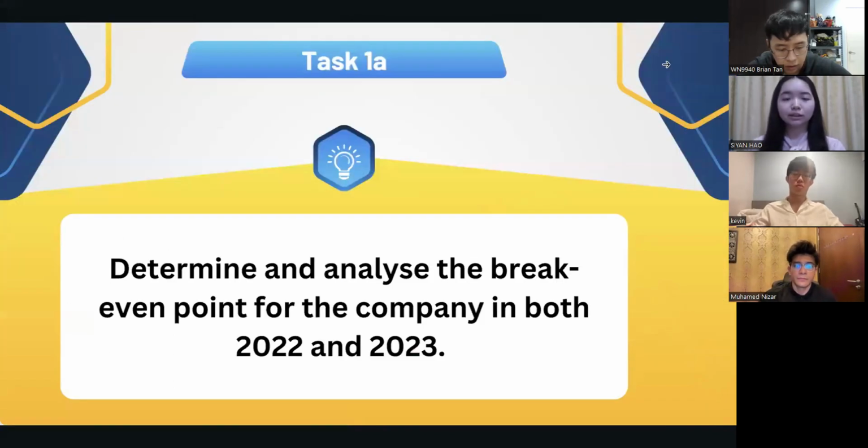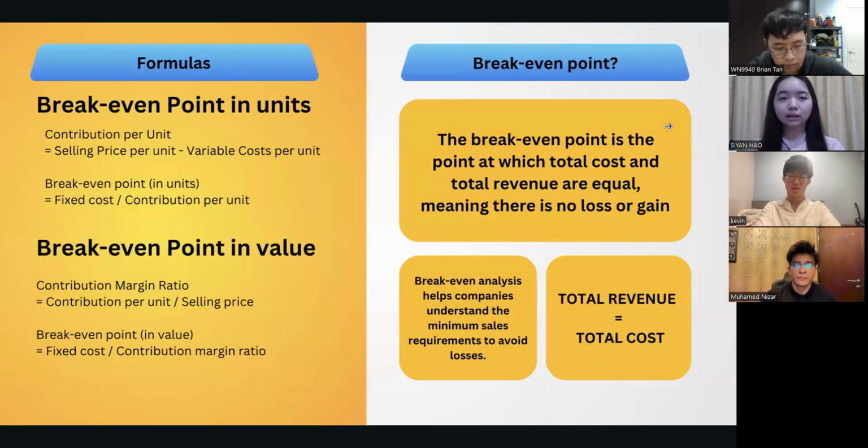So let's start with question A. The test point of question A is to use break-even analysis to determine the company's break-even point in 2022 and 2023. And we will use these formulas to calculate.